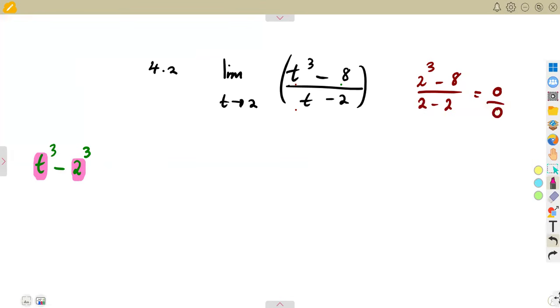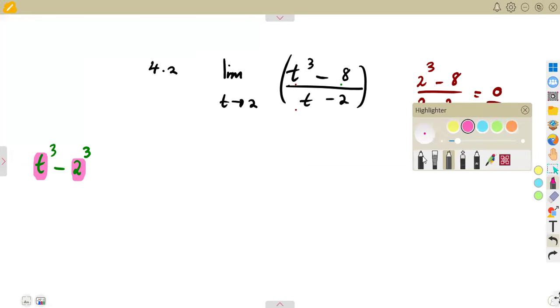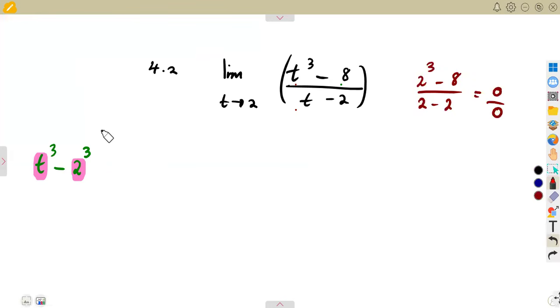Remember, when dealing with the cubic terms, the sum and the difference of 2 cubes can be factorized. When dealing with a perfect square, we just know of a difference of 2 squares. But dealing with cubes, there is sum and difference of 2 cubes.